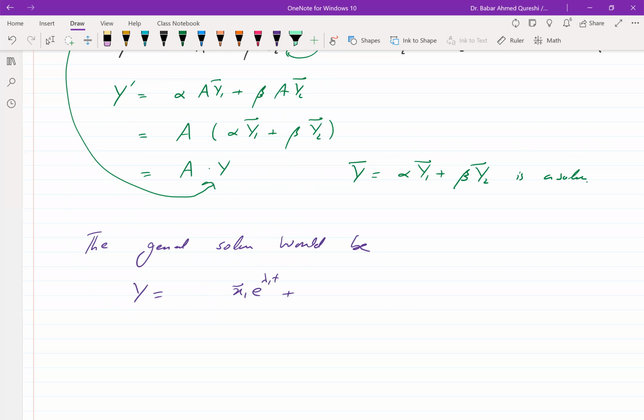Let me write it as some linear combination C1, C2, where Ci are any arbitrary constants.